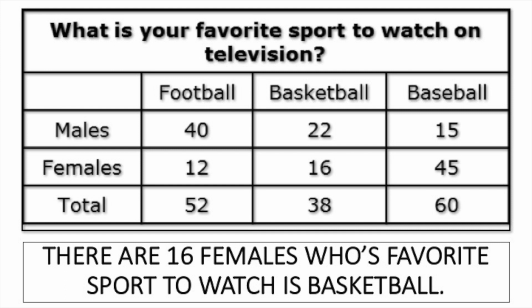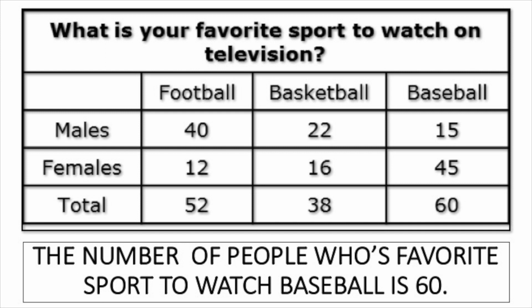And remember, females means girls and women. So you are females, young females. And then when you go older, you're women, you're females too. The number of people whose favourite sport to watch is baseball is 60.